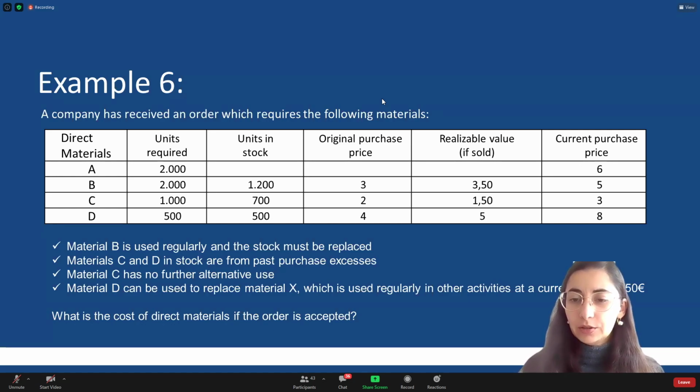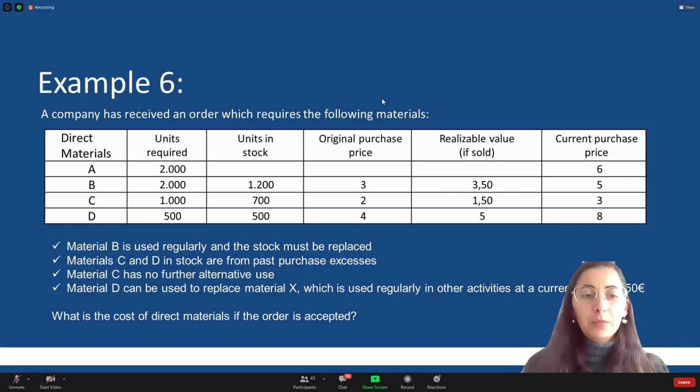So the total cost of materials. Sorry, Professor. Shouldn't it be 7.50 minus 5? Because we're still having some profit, or not? Because it's the difference of the two opportunity costs. No, the opportunity cost is the best alternative given up. I can choose one or the other.